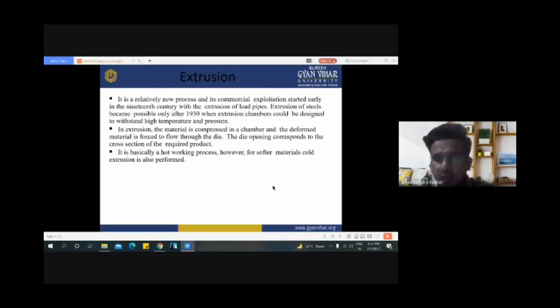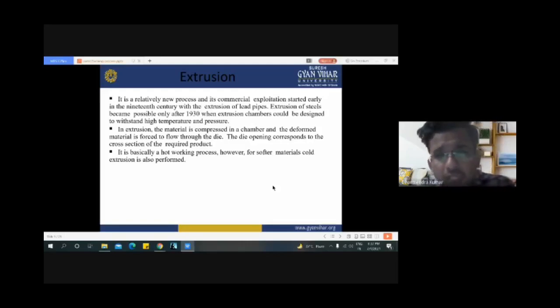Now the extrusion process. Extrusion is a relatively new process, and its commercial exploitation started early in the 19th century with the extrusion of lead pipe. Extrusion of steels became possible only after 1930, when extrusion chambers could be designed to withstand high temperature and pressure.